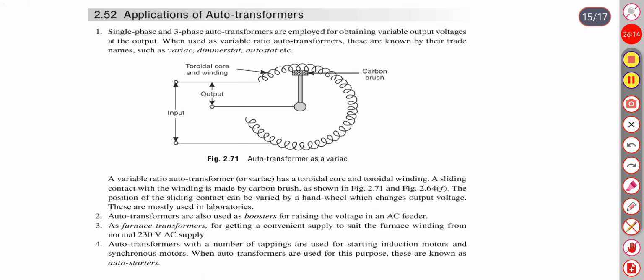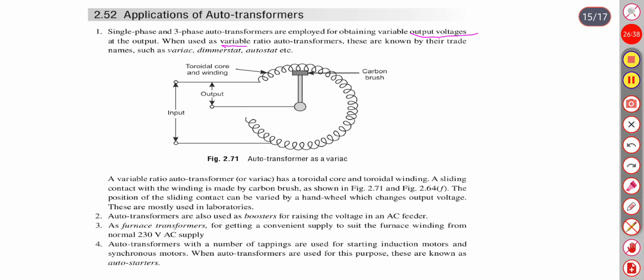Now we will see the applications of autotransformer. Single phase and three phase autotransformers are employed for obtaining variable output voltage at the output when used as variac autotransformer.